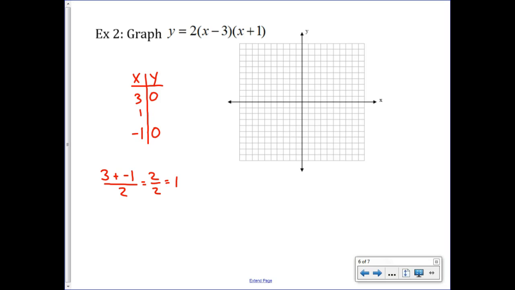So then I'm going to plug 1 in. So I get 1 minus 3 and 1 plus 1. So 1 minus 3 then is -2. 1 plus 1 is 2. So 2 times -2 times 2 is -8. So I'm going to graph over 1 down 8.